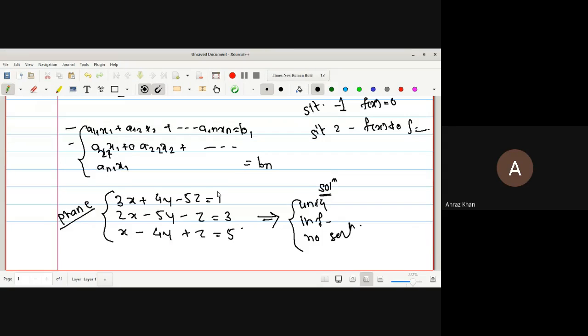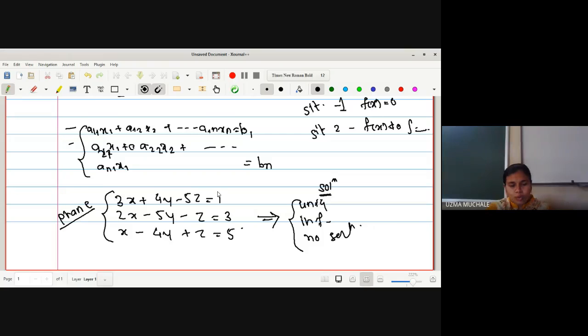No, ma'am. Okay, without knowing these things you have solved the examples and given the answers, or rather you have given the solutions in such a way that it may be either unique or infinitely many, and if it has some value, you have provided the values of x. Say the value of x is 2, y is some other number, z is something.